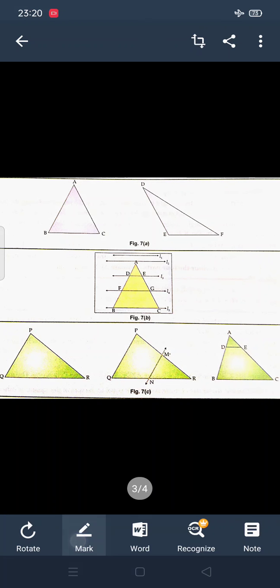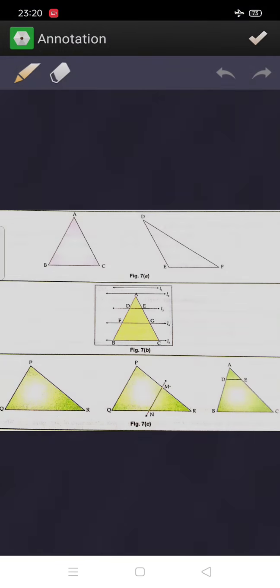See, two types of triangles they have used. You can go for an equilateral triangle, a scalene triangle, or an isosceles triangle. You can go for any two triangles of your choice, say equilateral and isosceles. No problem.